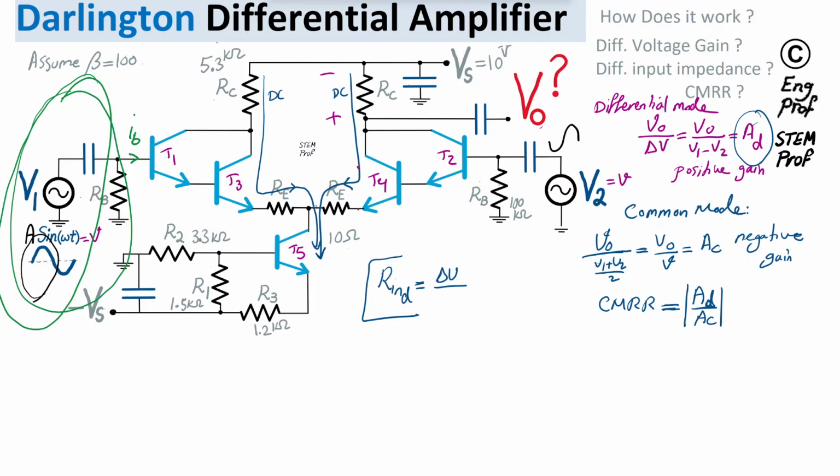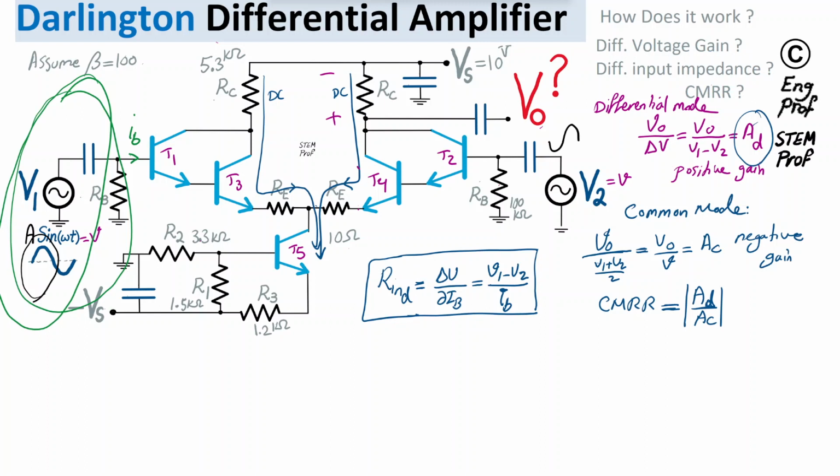So let's put it this way: the change in the base current of T1 or T2, with V1 minus V2 being the change in voltage at input, divided by the AC current of the base, which is basically the change in the DC current. So that is the meaning of the R in differential that we want to find here.